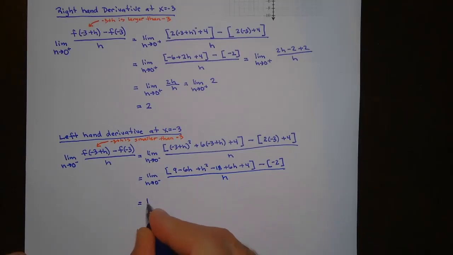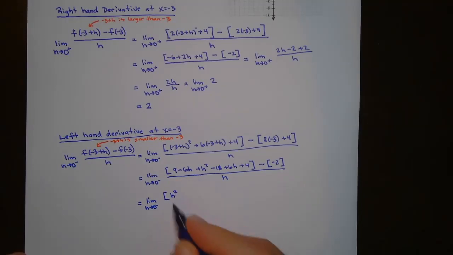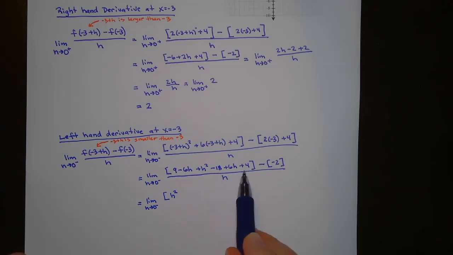So this is equal to the limit as h approaches 0 from the left. Cleaning this up, we'd have h squared. That'd be that one, right? And then we have 9 minus 18, which gives you -9, plus 4, which gives you -5.